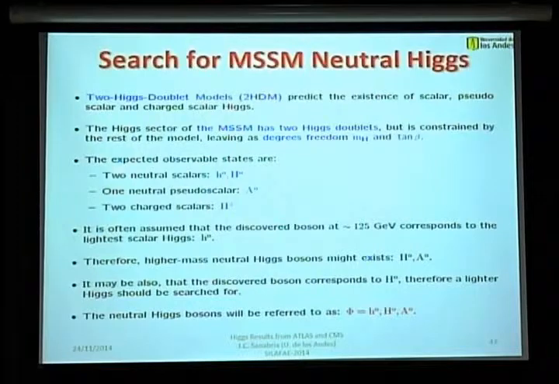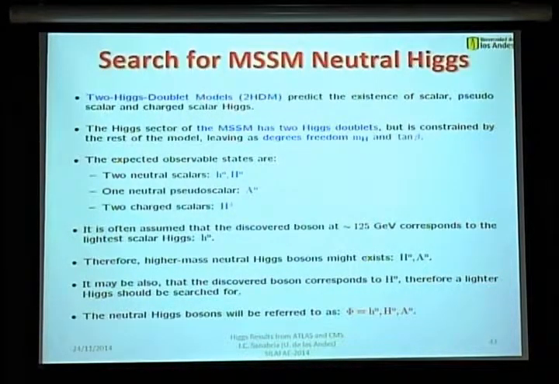But in those cases, what we should expect to see is 2 scalar Higgses, a pseudo-scalar Higgs, and 2 charged Higgses. In this kind of studies, it is often assumed that the 125 GeV Higgs that was observed would correspond to the lightest one. Therefore, one should look for the heavier ones, which are the scalar and pseudo-scalar.